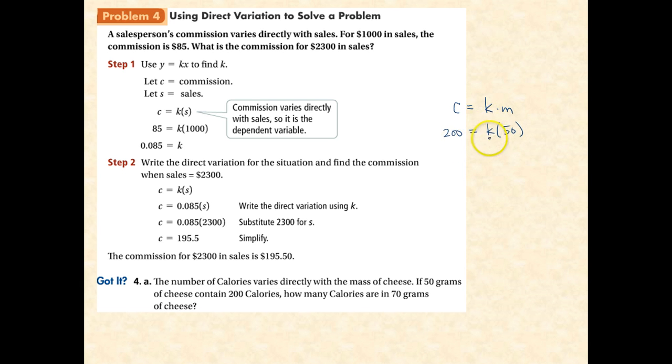Well, I can find out what my constant of variation is. 200 divided by 50 is 4. So my constant of variation is 4. So that means that C equals 4m. Calories is 4 times the mass. So I want to find out how many calories are in 70 grams of cheese. And that is 280 calories.